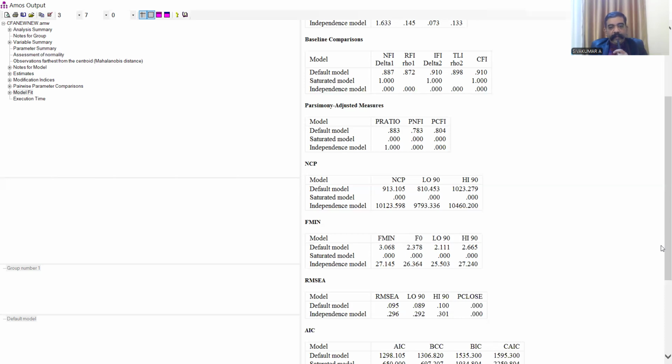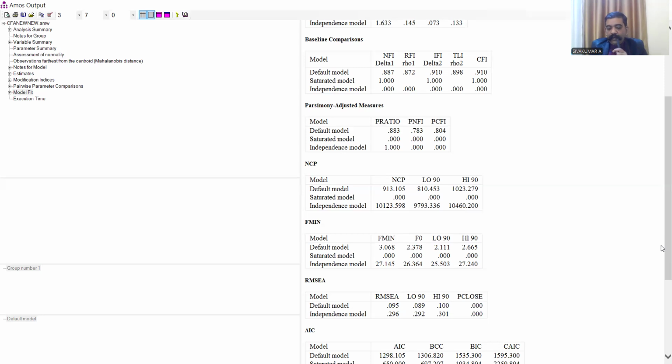Our RMSEA value is 0.095. So a slight increase over the standard norm value, no problem. We will take it.